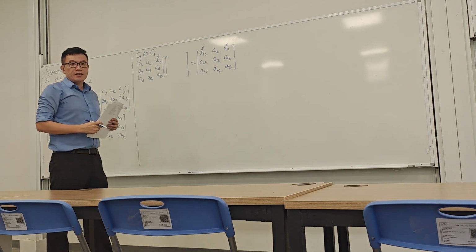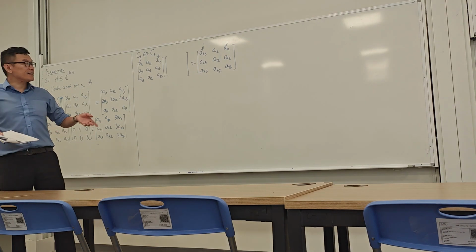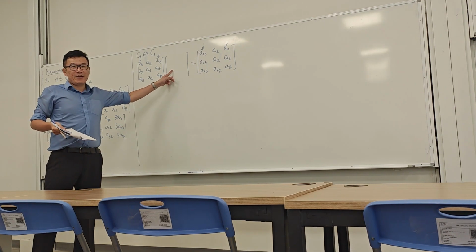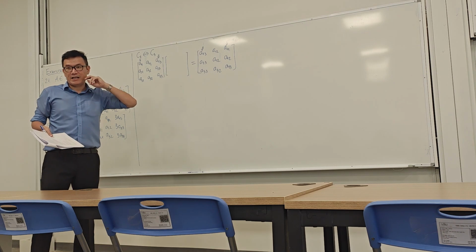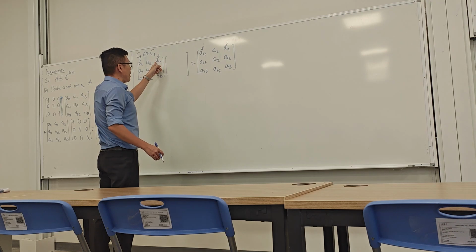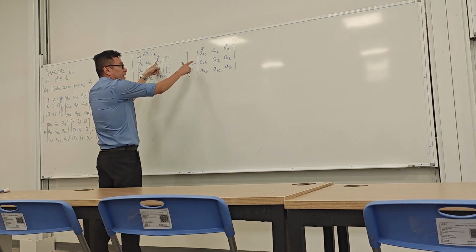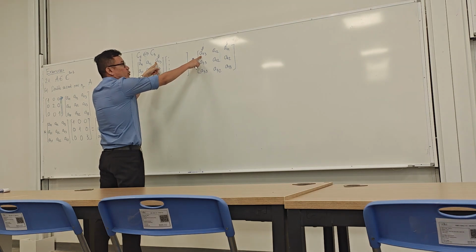Because that is something about the column, I have to multiply with something on the right. Now imagine I multiply this with a column here, but then I get A13 only.